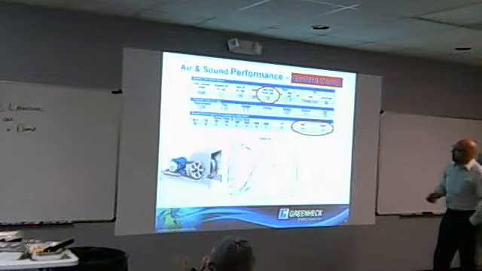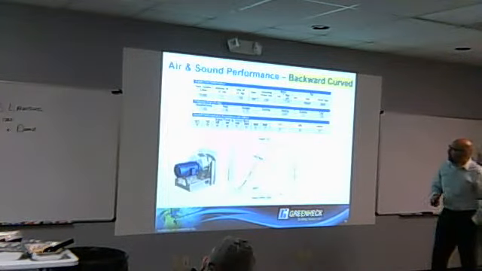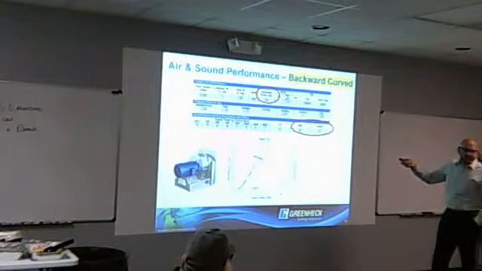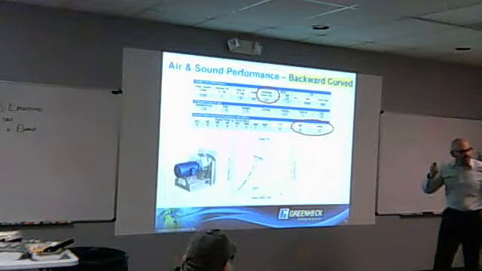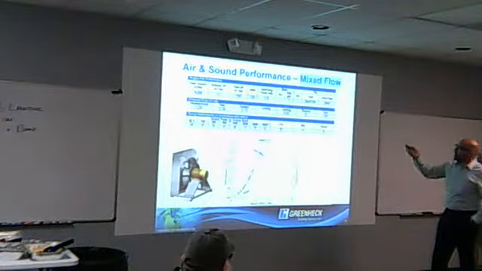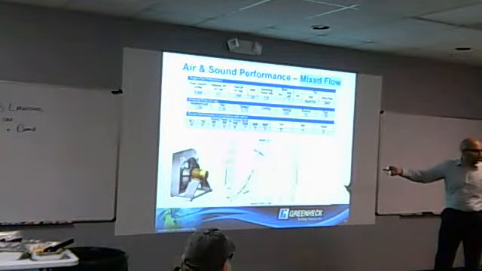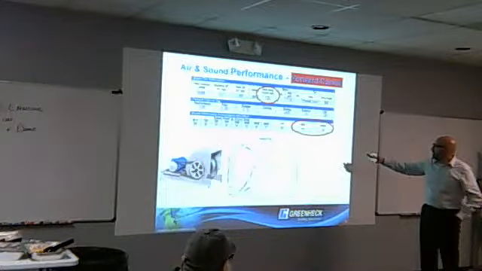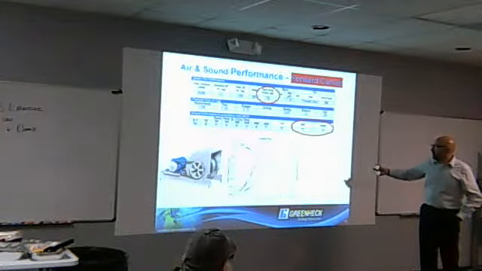This is our operating curve. If we look to the backward curved fan, you'll see less operating power, slightly louder sound just because of the nature of that wheel. And then you get to that mixed flow, lower operating power, the lowest of the three, and a sound very similar to the forward curve, but quieter.